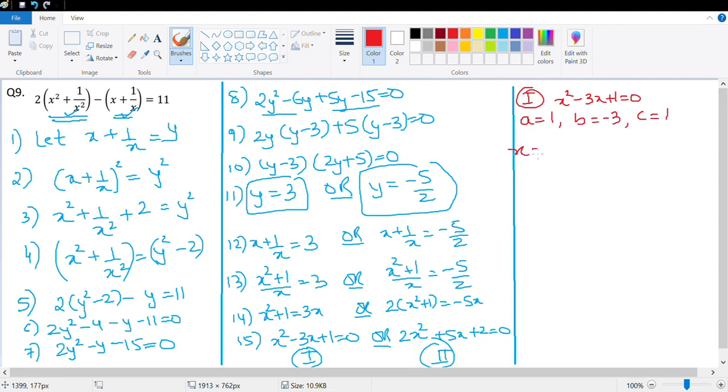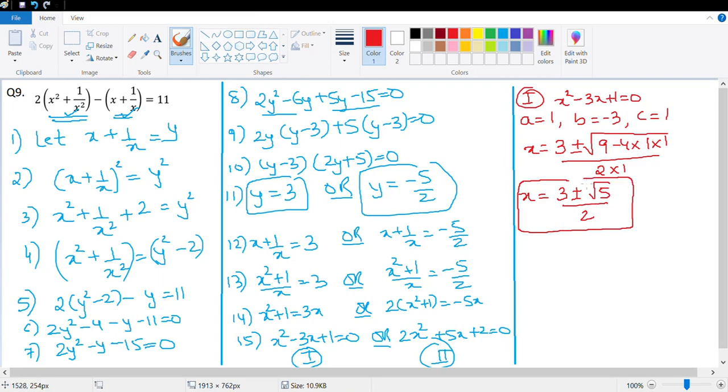So x = (−b ± √(b² − 4ac))/2a, in this case negative of negative 3, that's 3, ± the square root of 9 − 4 × 1 × 1, upon 2 × 1, which means x = (3 ± √5)/2. Now since the question hasn't given us how many decimal places they want the answer in, this will be an acceptable answer.